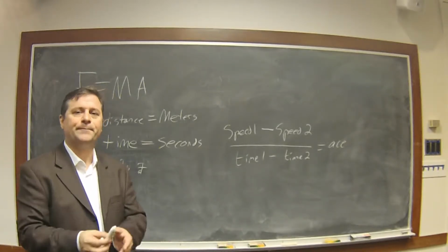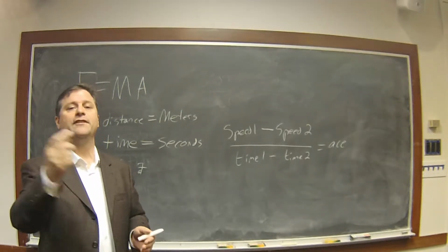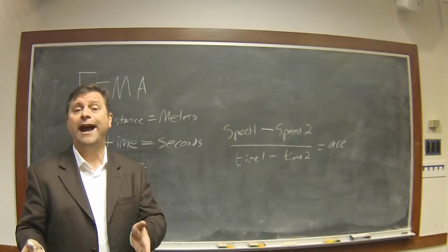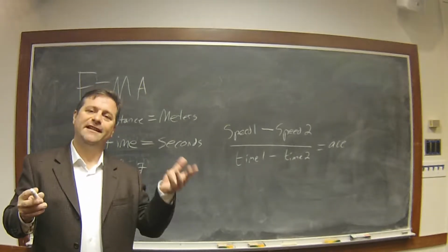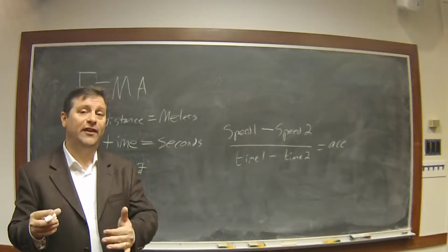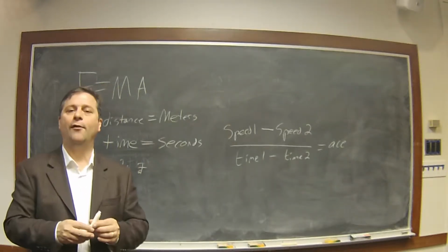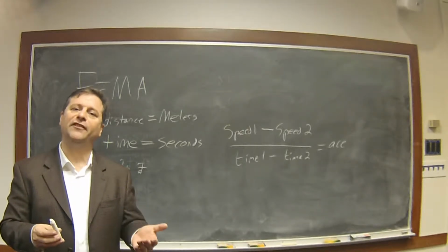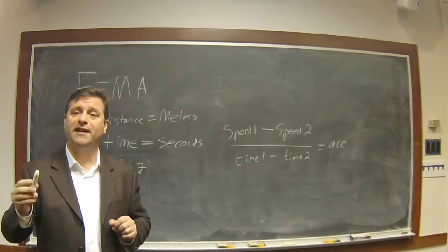But you'd see a car commercial where they say, this car can accelerate from 0 to 60 in 5 seconds. It goes to 60 miles per hour in 5 seconds. That's 60 miles per hour per 5 seconds, which works out to 12 miles per hour per second, which is kind of a weird unit of acceleration, but it is a unit of acceleration because it's a speed per time.